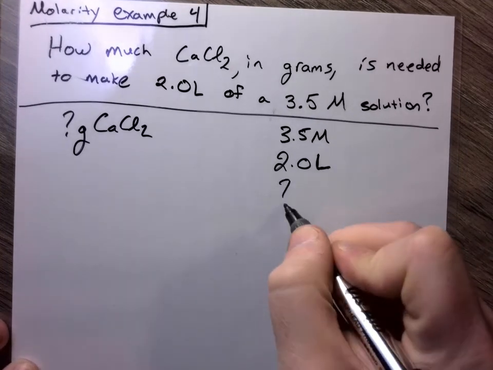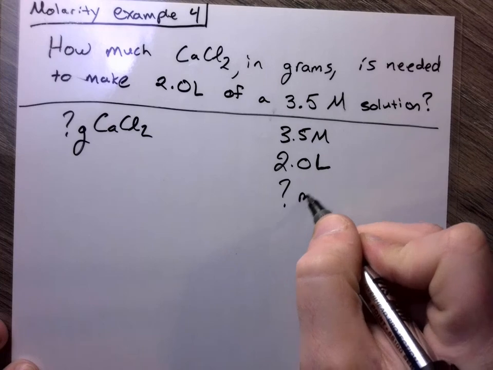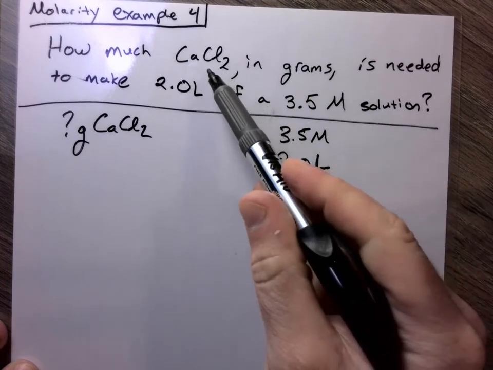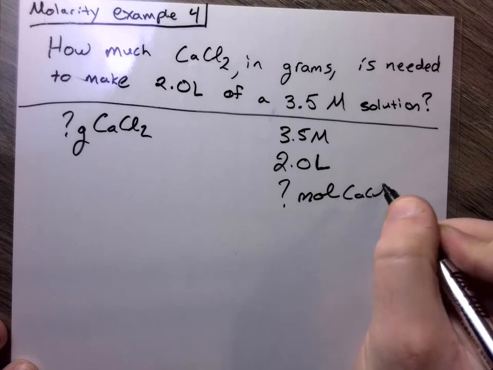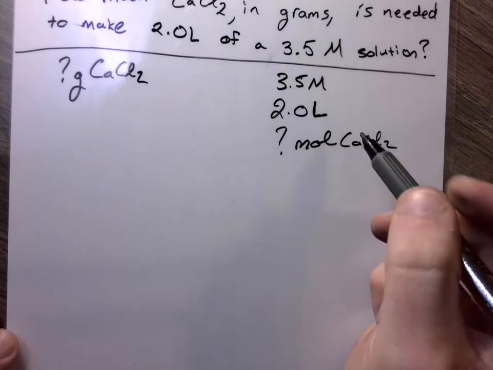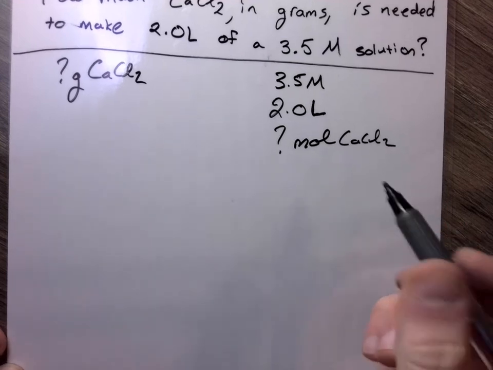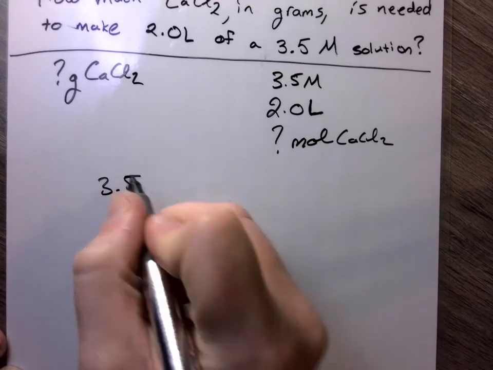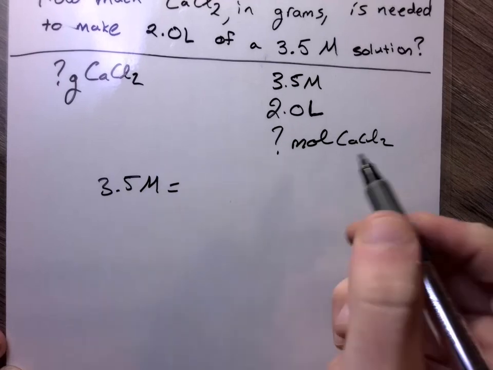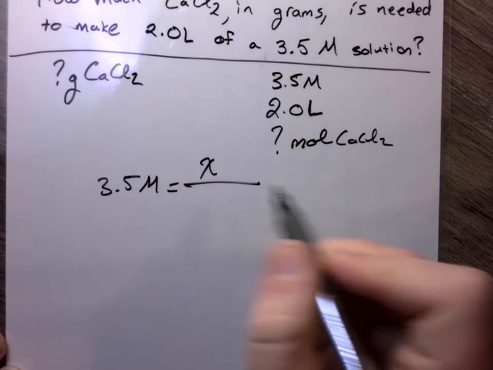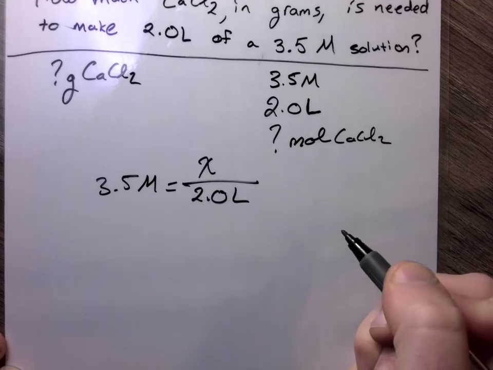We don't know moles. The moles will need to be in CaCl2. Okay, so let's find our moles first, and then we can take our moles to grams. So 3.5 molar is equal to our unknown X divided by 2.0 liters.